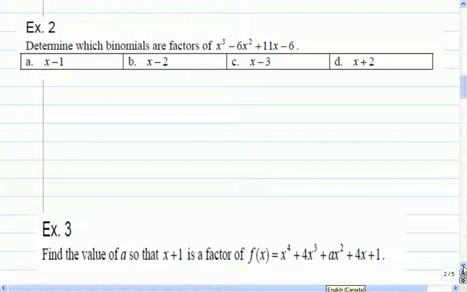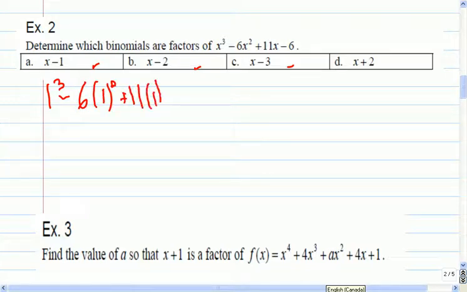Hopefully you found at least 1 or 2 by now in your calculator. I end up with these 3 here being factors having remainder equal to 0. When I put in 1 cubed minus 6 times 1 squared plus 11 times 1 minus 6, I get 0. So that one was one of mine.